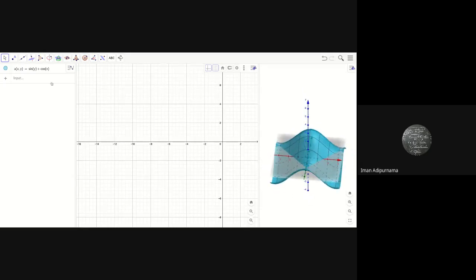This is in case you are curious to see what the graphs look like. So GeoGebra can also recreate graphs in at least two variables.